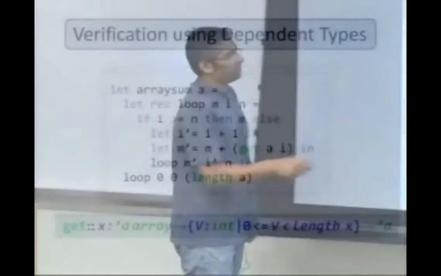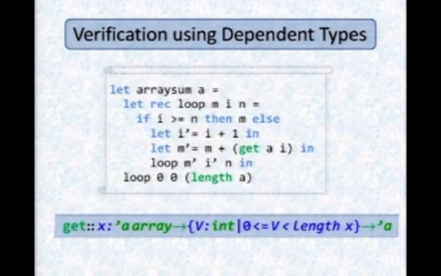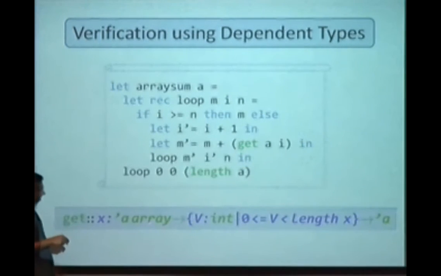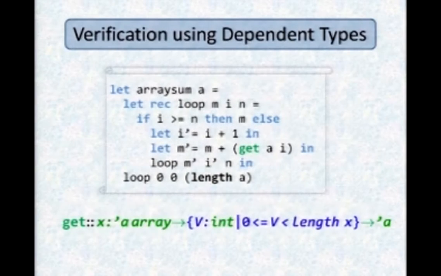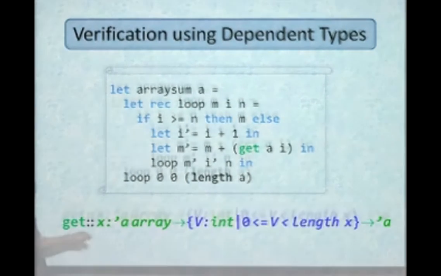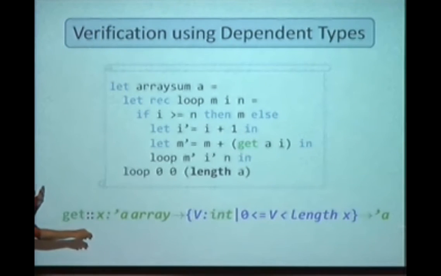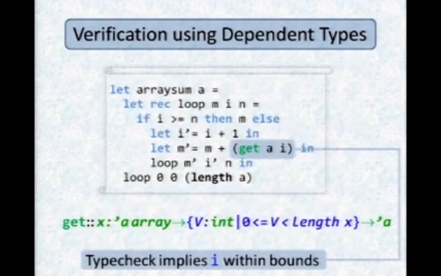Again, we'll just give get the appropriate type. The type of get is that it takes some array X, and it takes an index that's greater than 0 and less than the length of X, and it returns whatever is at that position in the array. Once again, if this program type checks, then I is within bounds.